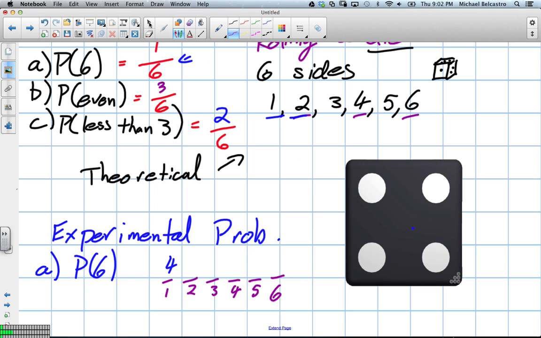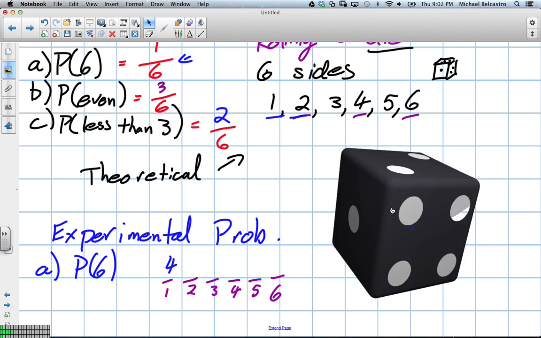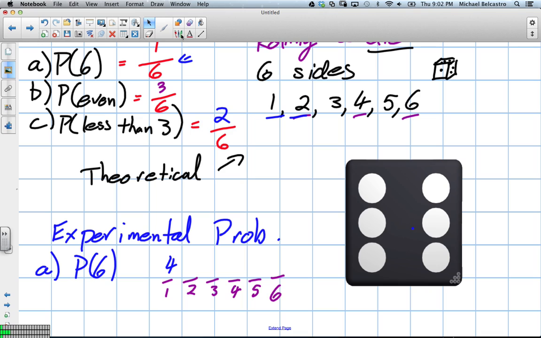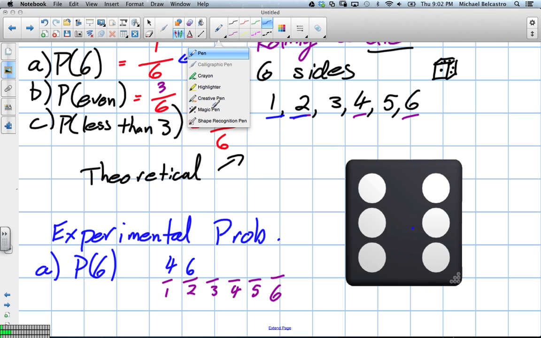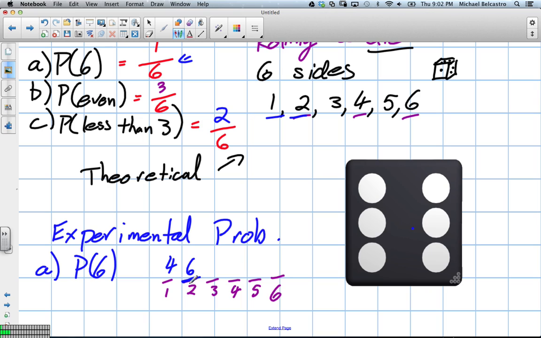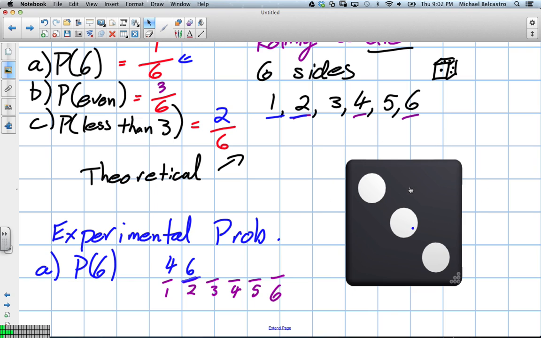So we're going to test this out. That was the first one. Rolled it a second time: 6. Hey, we got 6 on the second one. So how many times have I rolled a die right now? Twice, and I got 6 one out of those 2 times. Now let's see what's going to happen. Roll it again: 3.